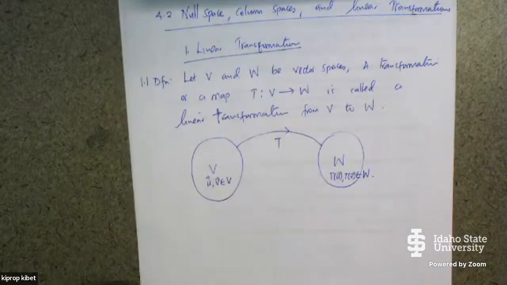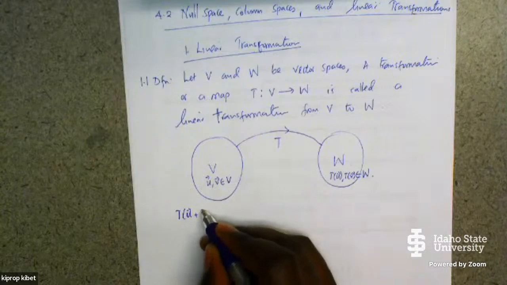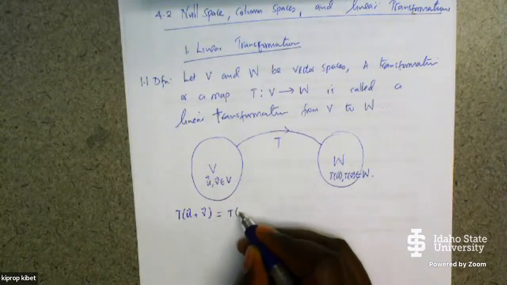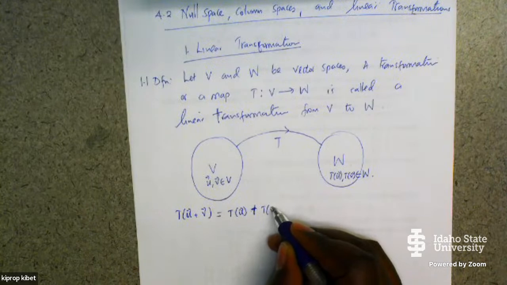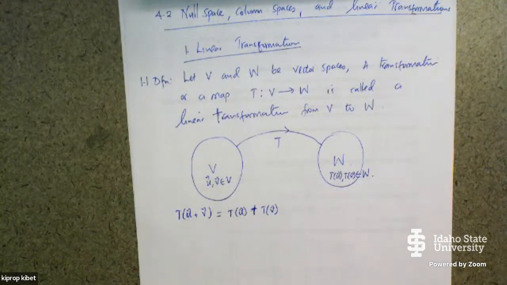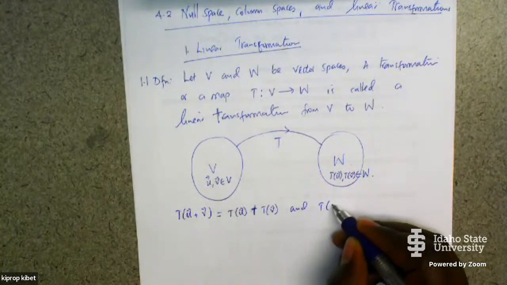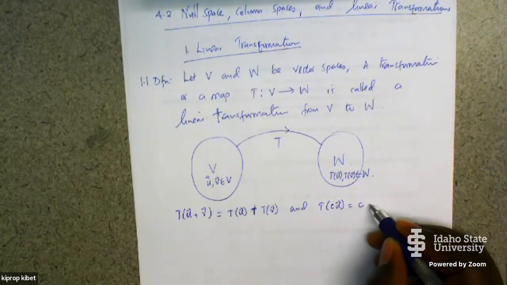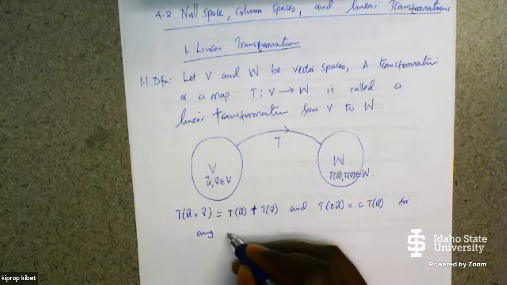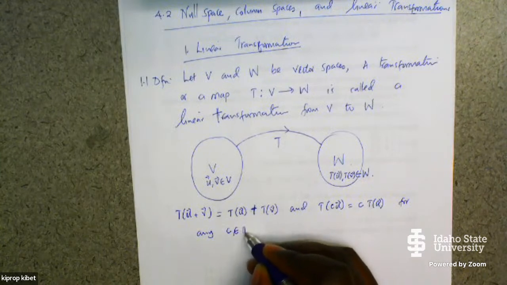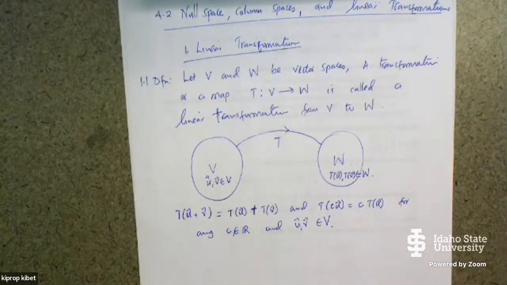Then T of u plus v is equal to Tu plus Tv, and T of cu is the same as c times T of u, for any c element of real numbers and u, v in V.